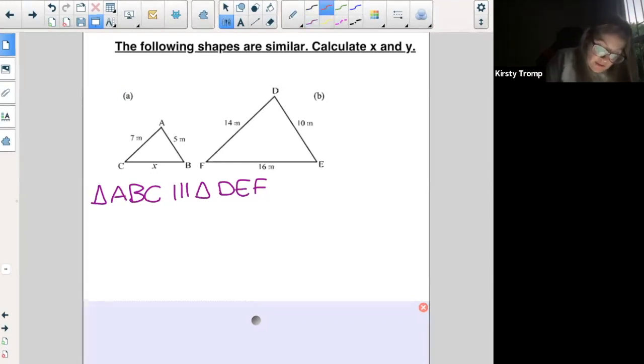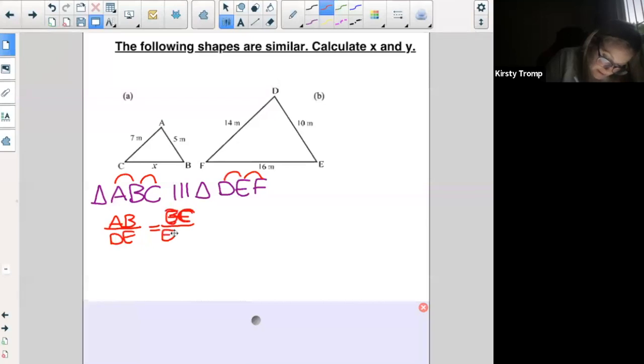So you would have needed to go and draw your froggy face. That would have really helped, hey, froggy face. So you would have gone AB, DE, BC, EF. So AB over DE equals BC over EF, equals AC over DF.